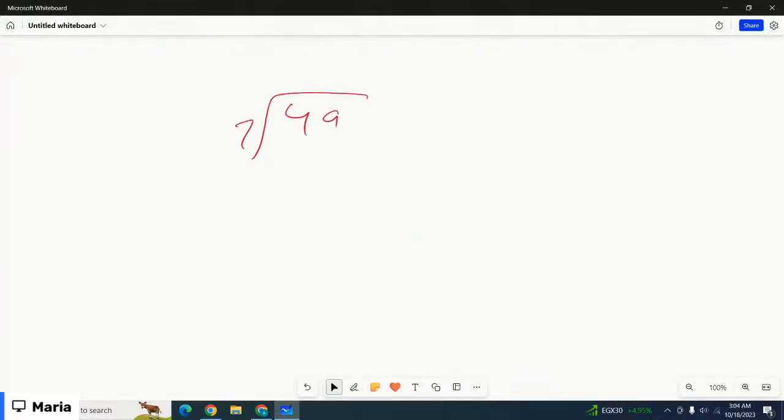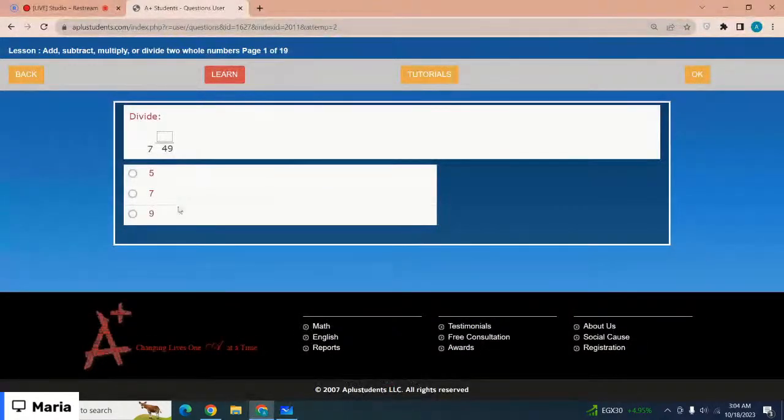You need to count the table of 7 until 49. So which is the correct option? 7 times 7 is 49, so the correct option is 7.